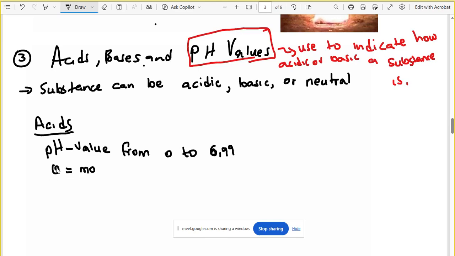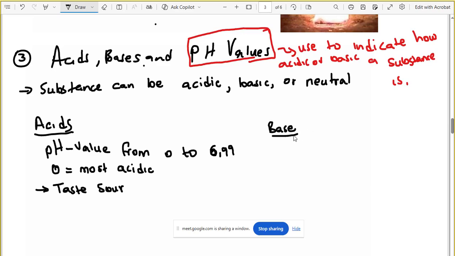So if we have 0, this will tell you that this is most acidic. And then acids taste sour. Okay? Yes. So they taste sour.